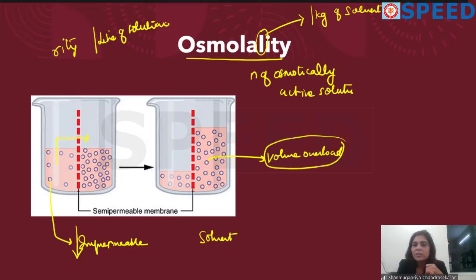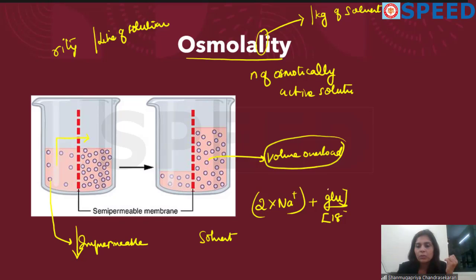Calculated osmolality is calculated using a formula: 2 into sodium plus glucose concentration by 18 plus blood urea nitrogen by 2.8. So what is the formula?